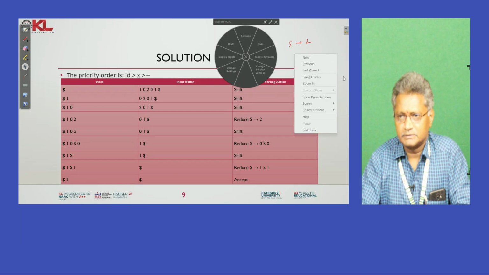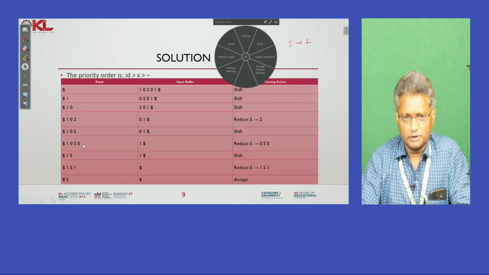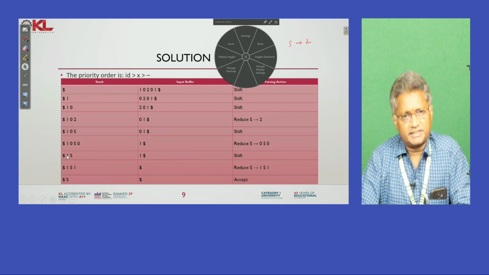So 0 S 0 is replaced by S. Then the stack contains 1 S, and the input buffer contains 1 dollar.